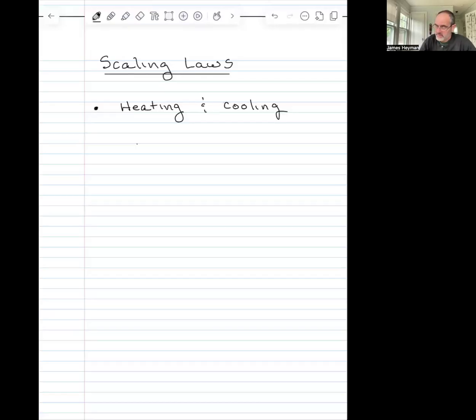Okay, so we'll talk about scaling laws for heating and cooling. And the first thing we want to do is to introduce and define some thermal variables. These will be things like temperature and heat capacity and heat energy and heat flow.